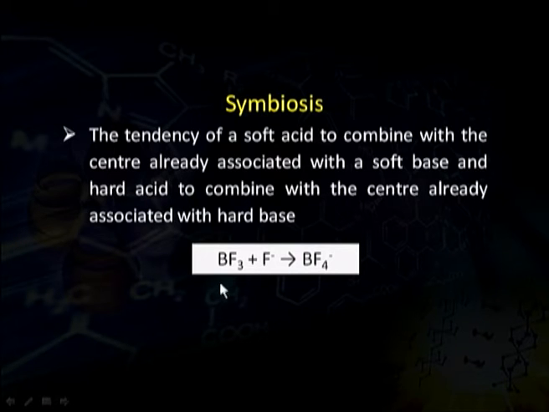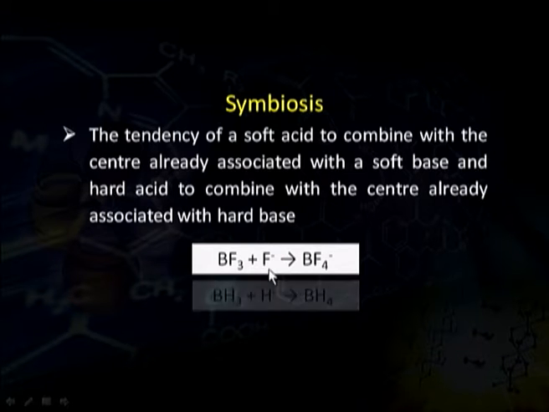In this case, the center boron is associated with 3 fluoride ions. When the 4th fluoride ion reacts with boron trifluoride, it easily gets attached and forms BF4 minus. This reaction happens so easily because the center is already associated with fluoride ion. So, the 4th fluoride ion easily gets attached to it. This is what symbiosis is.